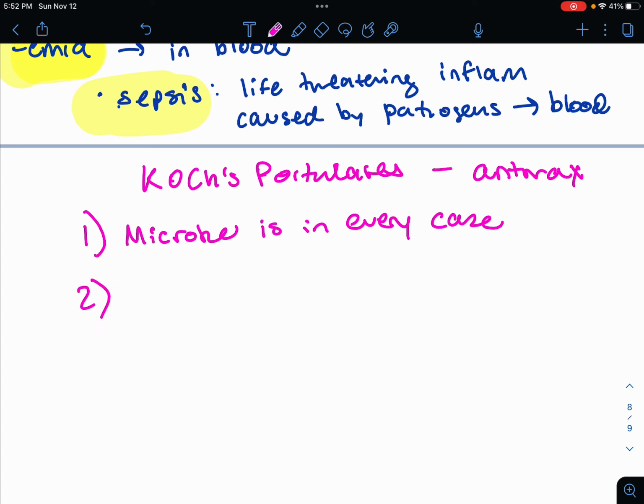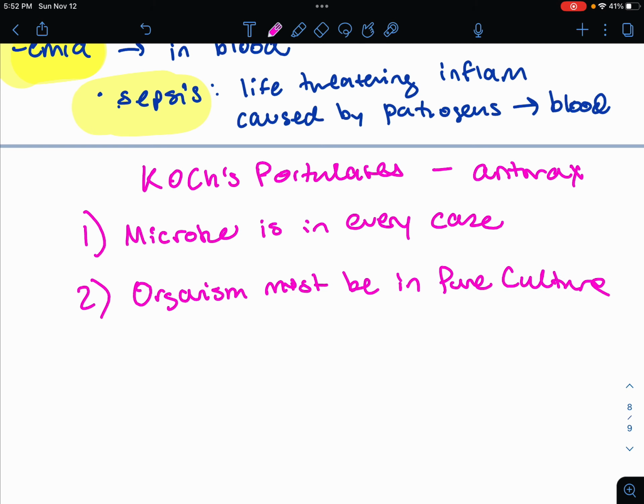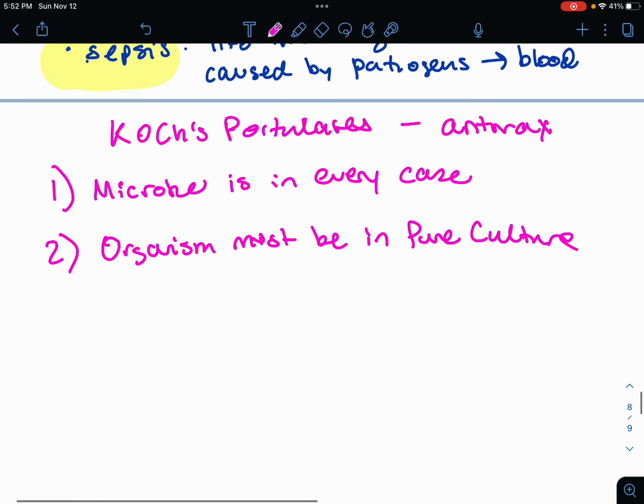Number two, the organism must be in a pure culture from the diseased host.